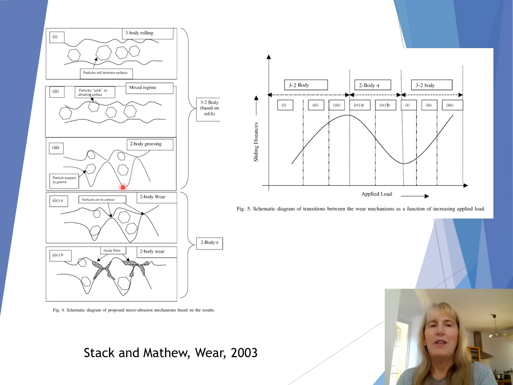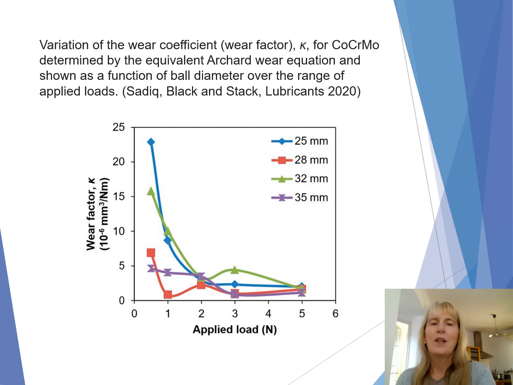And this is what we're finding here in micro-abrasion. The particles are in the contact, then they get entrained in the contact, and then there's contact at the asperities, formation of the oxide layer, and then you get a reduction here. So we continue to increase the load and see a reduction. Our results are consistent with the earlier results on sliding in the literature.